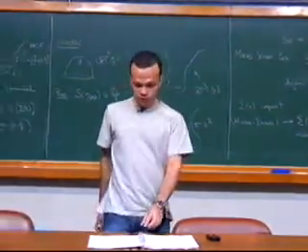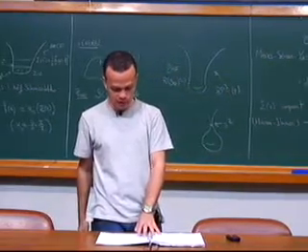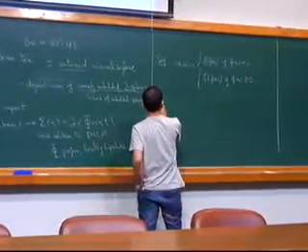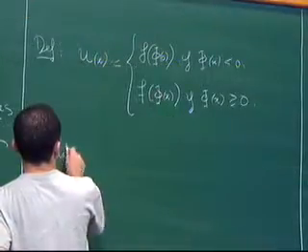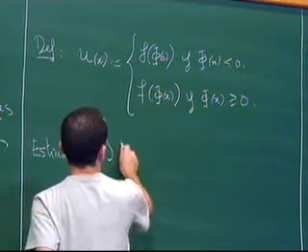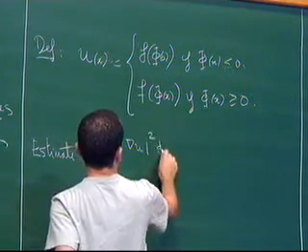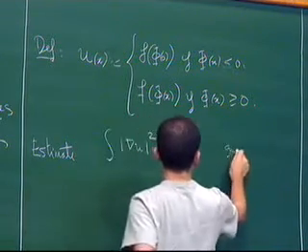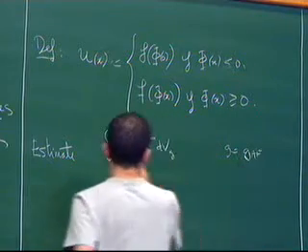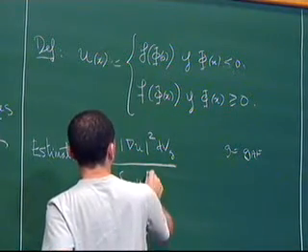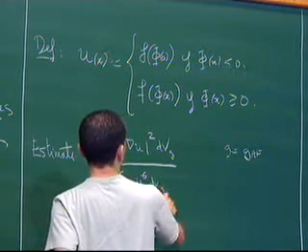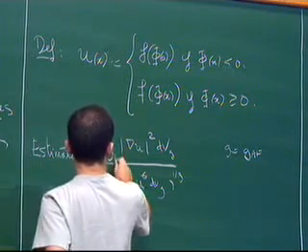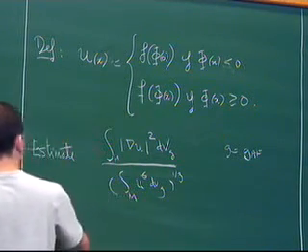So this is the test function, and now the goal is to estimate the Sobolev ratio, right? So we want to estimate the integral of the gradient of u squared dv, where g is just my asymptotically flat metric, divided by the integral of u to the 6th power to the 1/3, over M, where M is now R^3 minus a point.